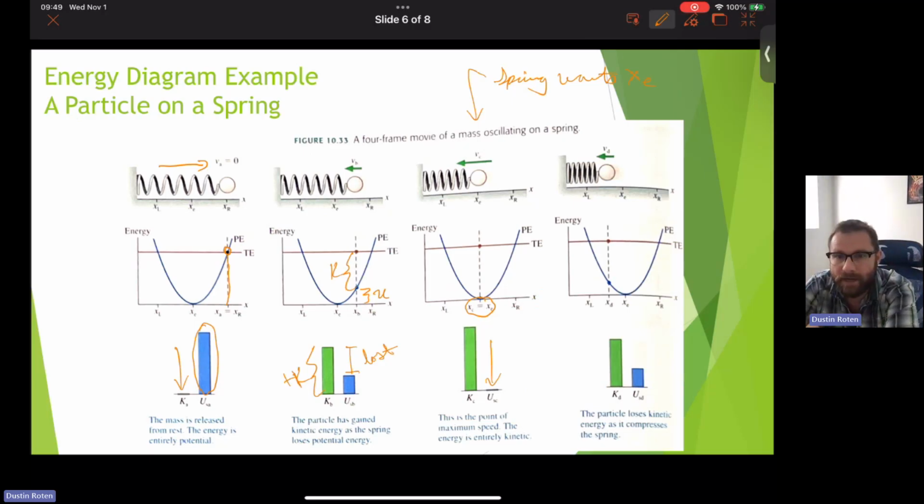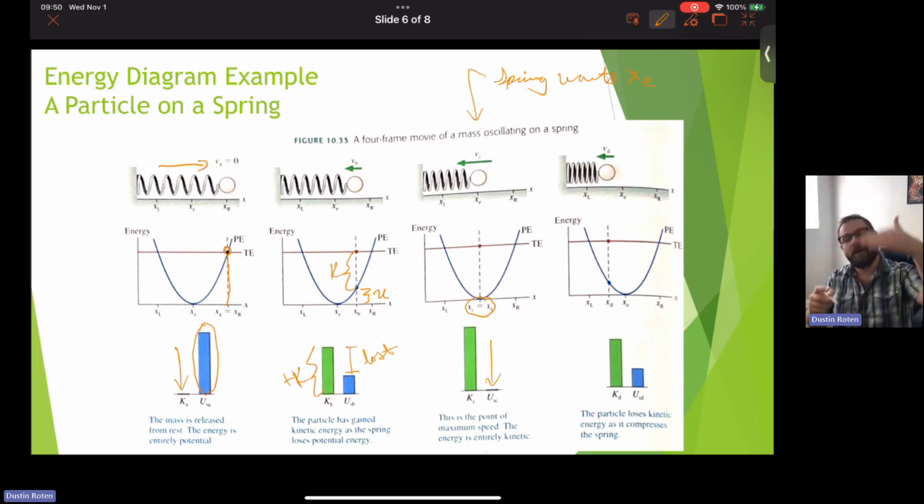So since the spring at equilibrium decided to take some time off, the energy has to be made up by the moving ball. Remember, we have to keep that TE value. No matter what, TE, the total energy, has to stay the same. So since right here at equilibrium the spring decided to take the day off, the mass at the end has to make up all that energy to get us to TE.